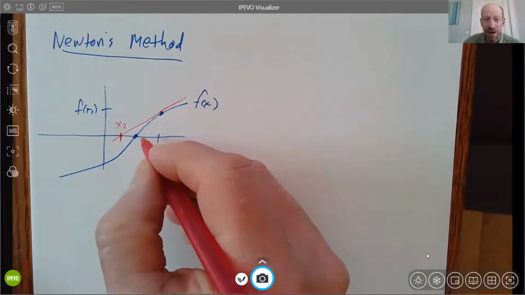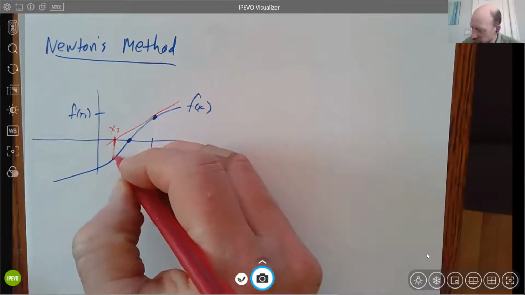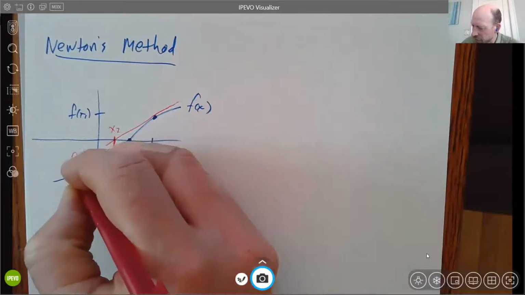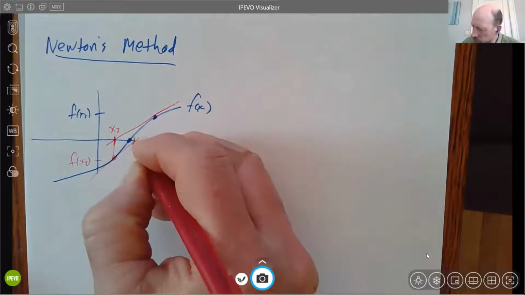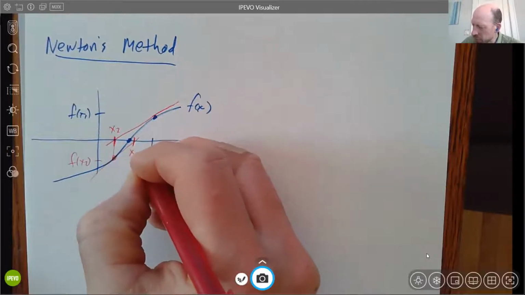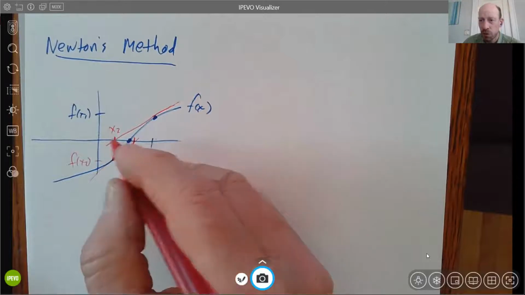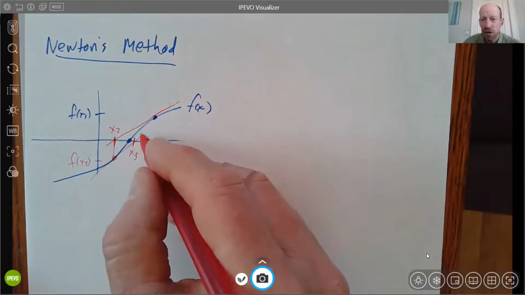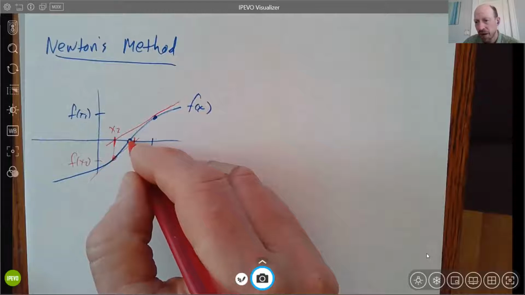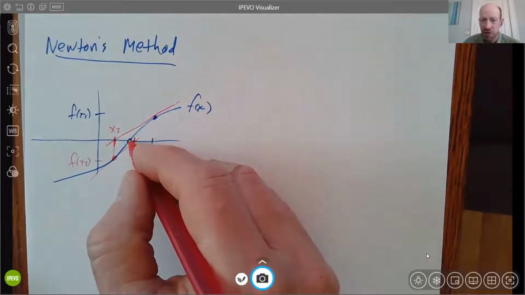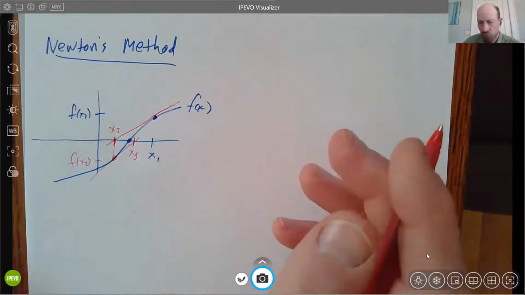So I've gotten a better approximation. If I repeat that process again, this is f of x2, and I find the tangent line there, we get a third approximation, x3, and it's quite a bit closer than x1 or x2. This converges, it gets very close to the true zero, actually very quickly. It's a pretty efficient method for approximating the zeros.